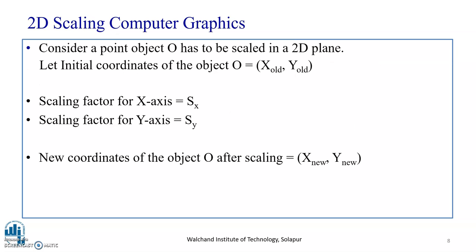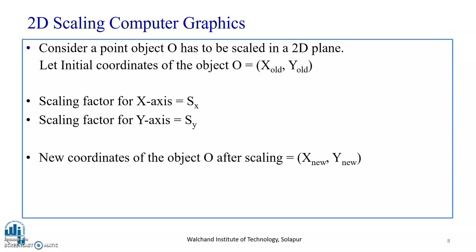Now, consider a point object O that has to be scaled in a two-dimensional plane. Let the initial coordinates of the object O be x-old and y-old. The scaling factor for the x-axis is sx and the scaling factor for the y-axis is sy.